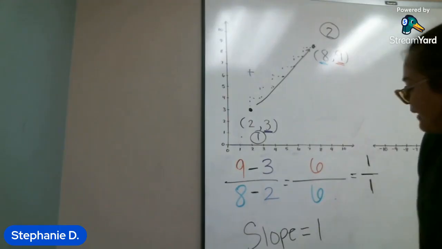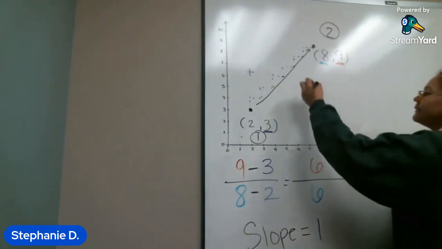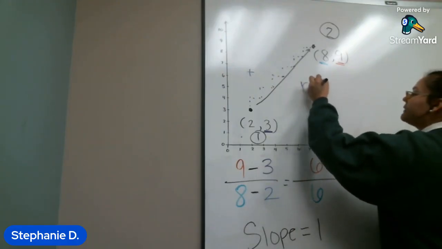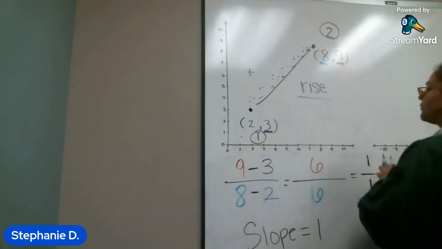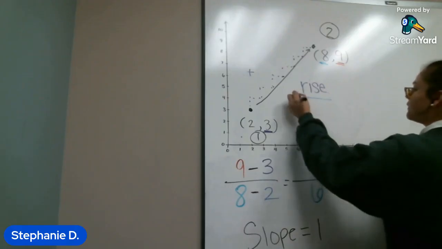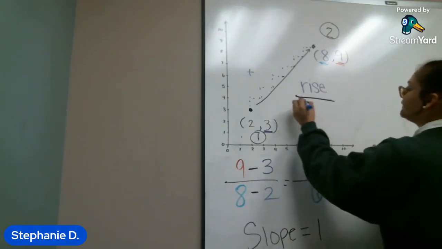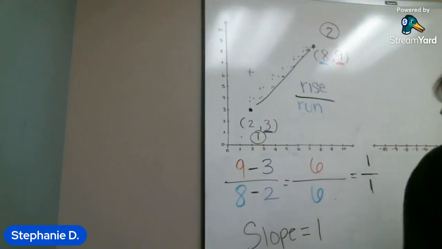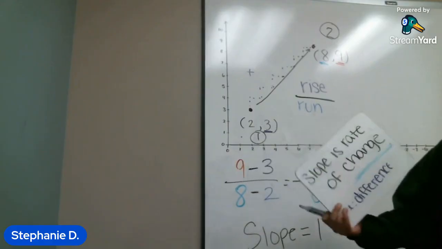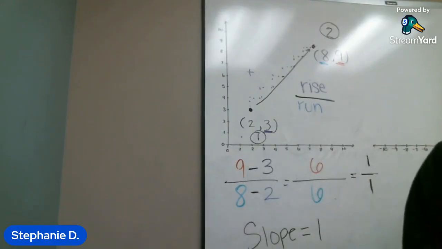The easiest way to remember this is rise over run. Because remember, we're doing our y's, dependent, over independent.